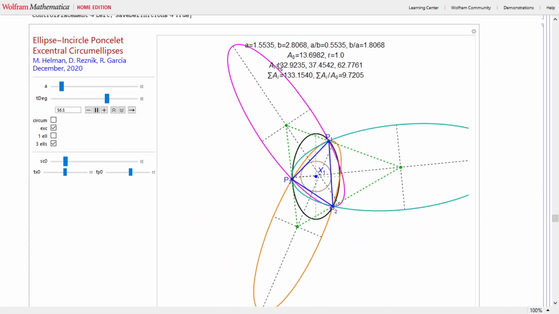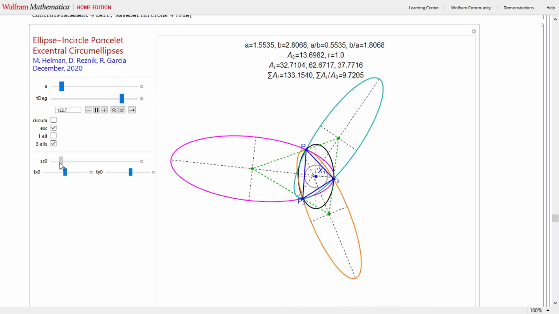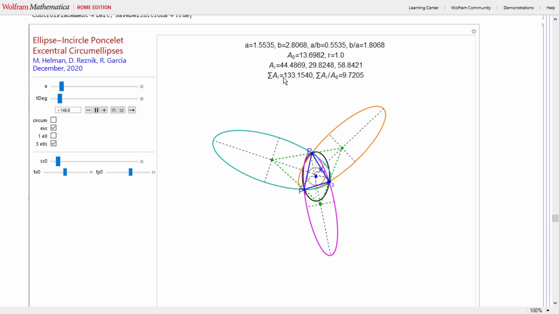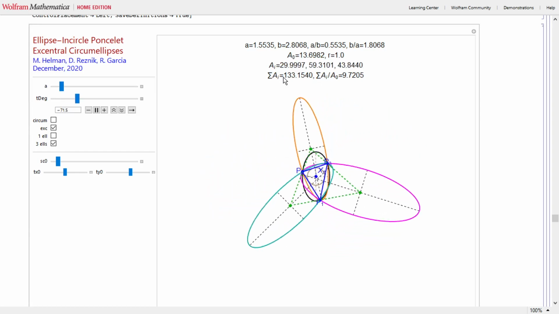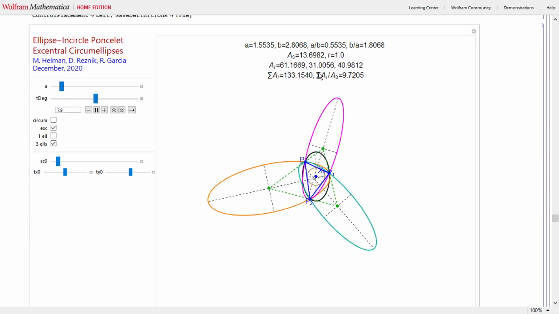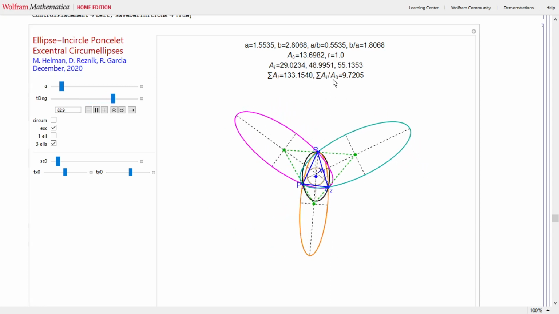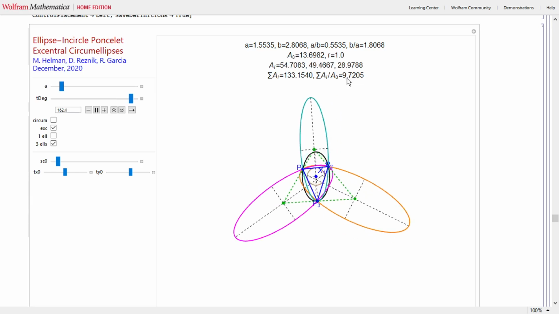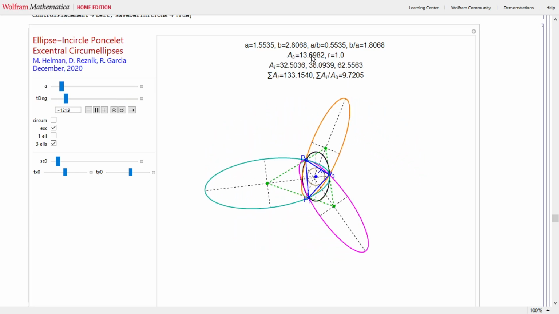You can see here A sub i, there's three distinct areas. And they're all varying. However, the sum of those areas is constant. It's invariant over the family. You can see here that this is the sum. And I can also report the ratio of the sum of areas by the area of that black ellipse. I'm reporting it here as 9.7 something. A0 is the area of the central ellipse.